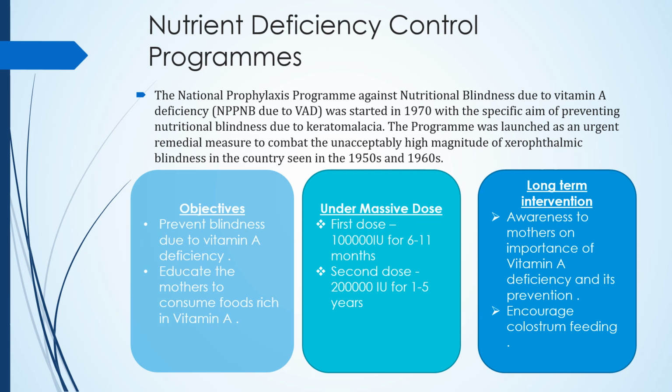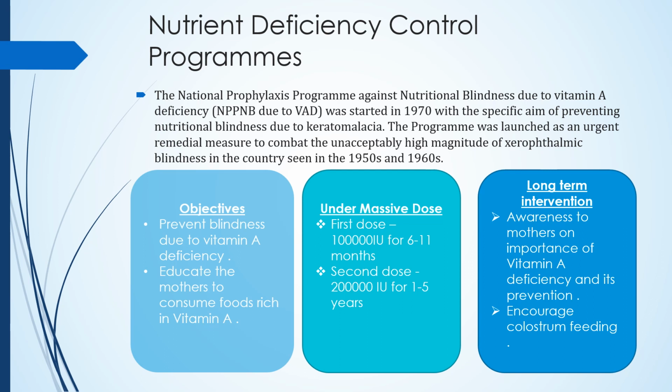So the objective of this program is prevention of blindness due to vitamin A deficiency, and to educate the mothers to consume foods rich in vitamin A during their pregnancy. These are the objectives. What are the direct measures to combat vitamin A deficiency?